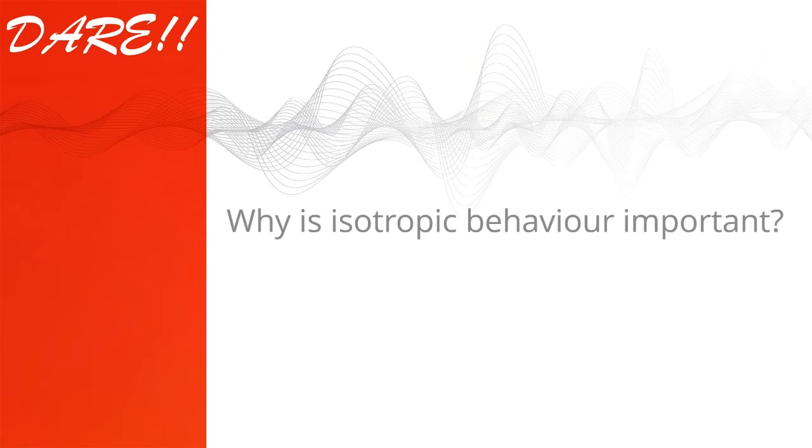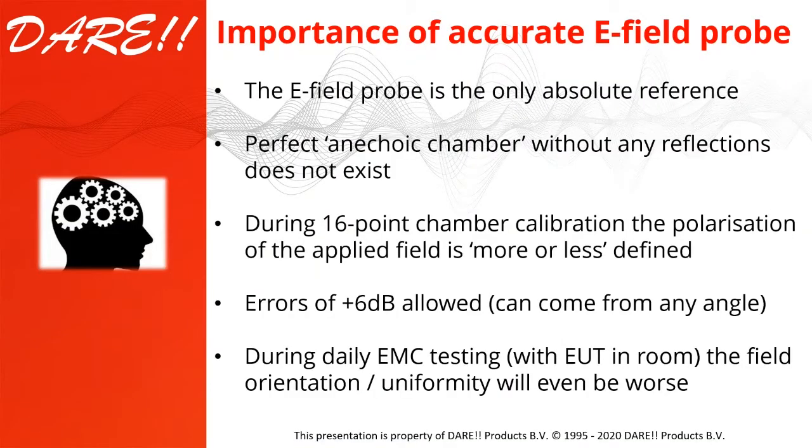Okay, the question, why is this isotropic behavior so important? I already said it before. The E-field probe is the only absolute reference in your test setup. But you also should take into consideration that a perfect anechoic chamber, meaning without any reflections, does not exist. Even if you radiate a field with a certain known polarization, it doesn't mean that there are no other fields coming from any angle.